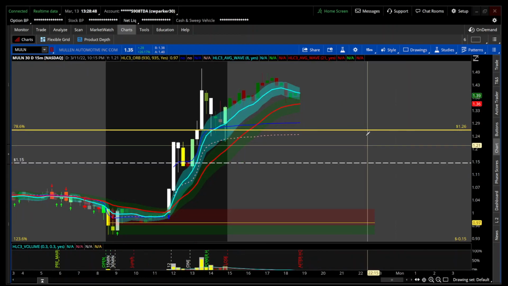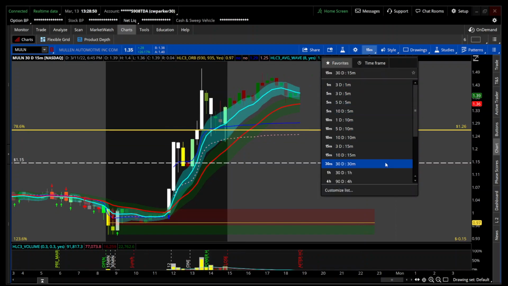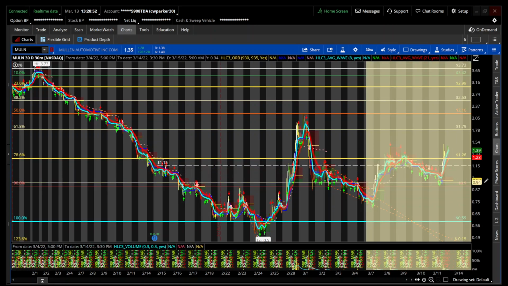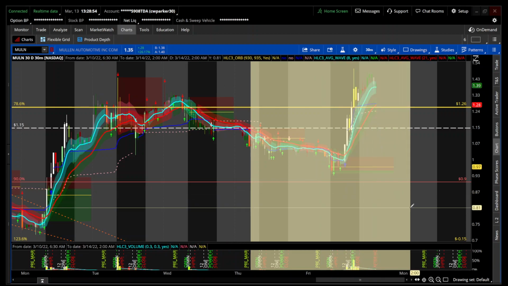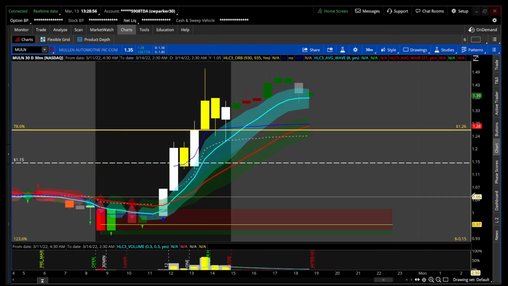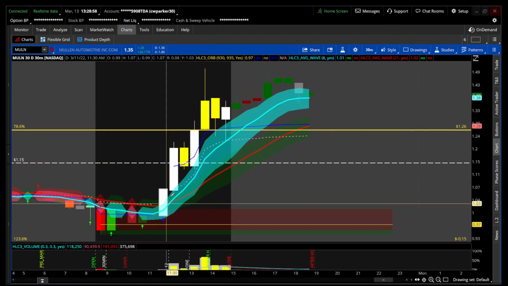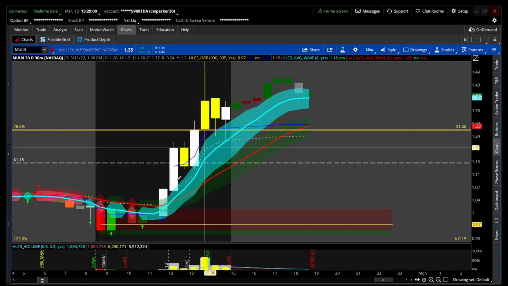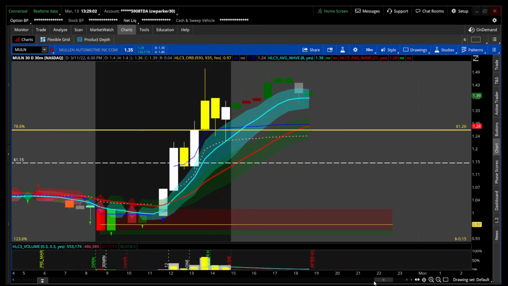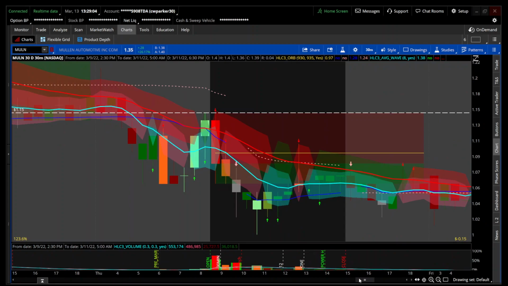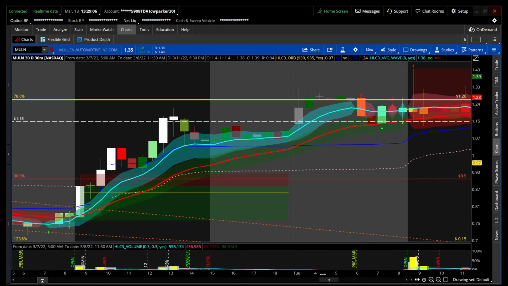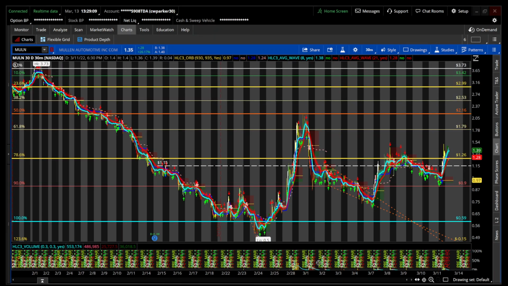And let's look at it on 30 minutes before I go. Yeah, it's definitely better to use it. It looks good on these higher time frames.